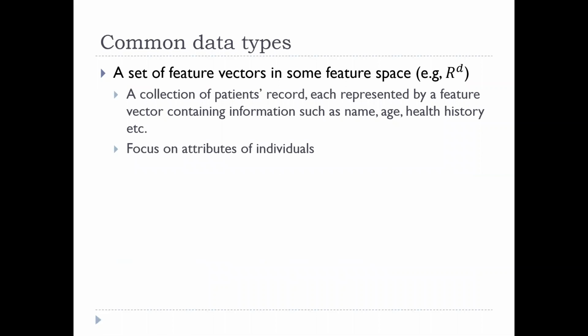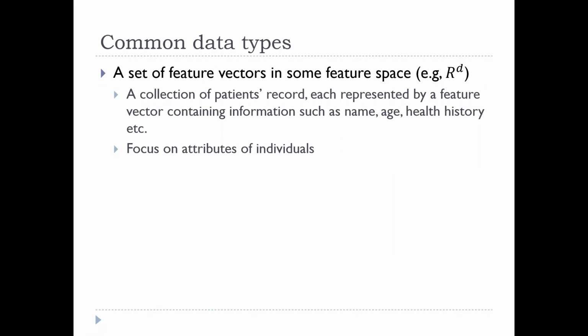Well, if you think about it, in the modern data era, what are the most common types of data that we encounter? Well, one type is basically we're given a set of feature vectors in some feature space. Say you have a collection of patients' records, and each patient is represented by a feature vector, consisting of information like the name, the age, health history, and so on.